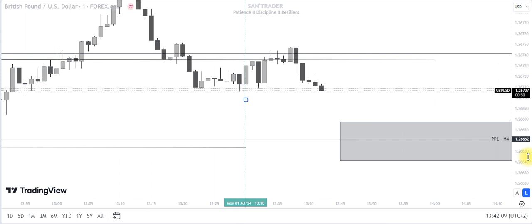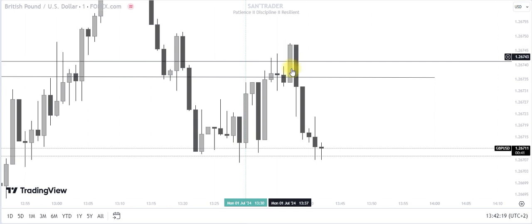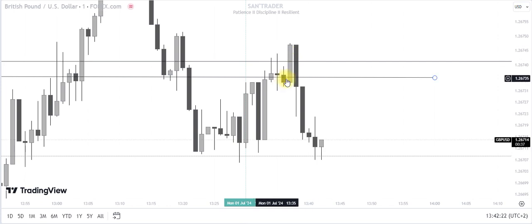This candle opened here, it went up, right, and then it closed down. As it closed down, this was our first close. We had an immediate rebalance. This is what I'm talking about.